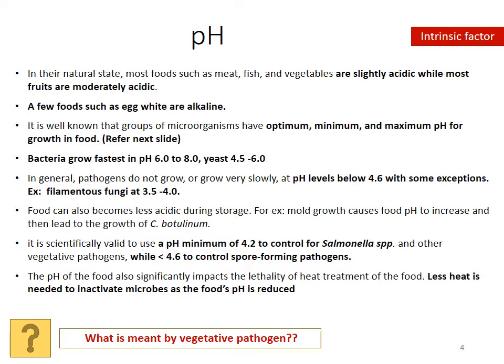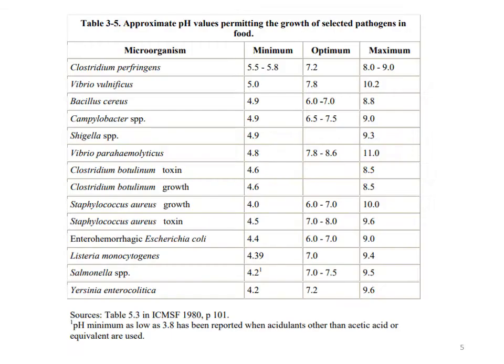When we want to use or manipulate pH to preserve our food, we can scientifically and validly use a pH minimum of 4.2 to control or prevent the growth of Salmonella and other vegetative pathogens, while 4.6 to control the spore-forming pathogens. So here is the list of microorganisms with their minimum, optimum and maximum pH.